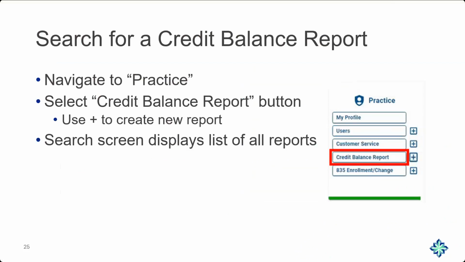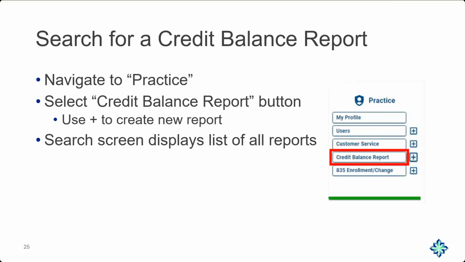As before, you're going to start on your home page after you log into the portal. Under that same practice heading, this is where we're going to use that other button. You're going to click on the larger credit balance report button. We use the plus sign to create a new report, and then the one on the left is going to be to review a prior report.